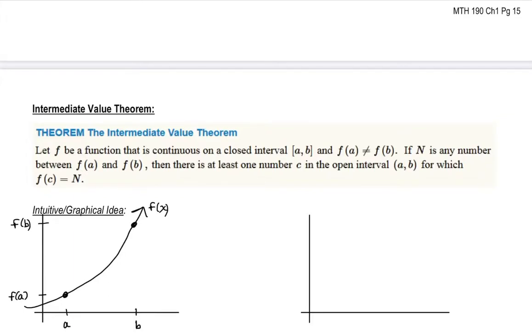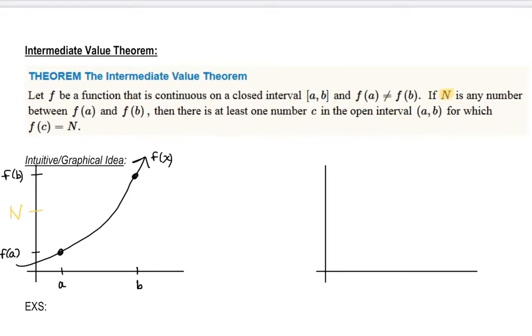Then it says if n is any number in between f of a and f of b, so let's say here is my n, then the conclusion is there has to exist a value c. There is at least one c in this open interval from a to b where f of c is equal to n.